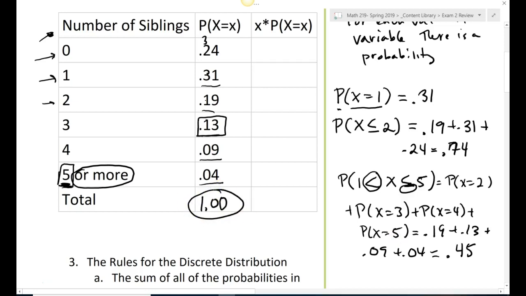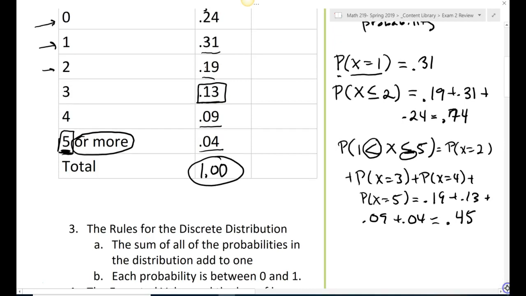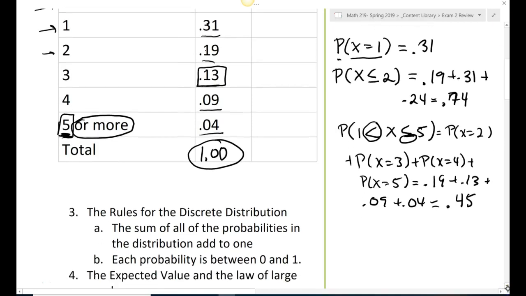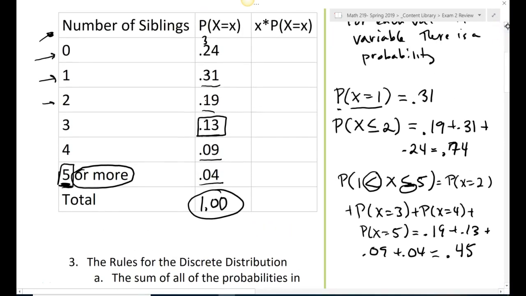So that's the first requirement. And the second requirement we have to check is that each probability is between 0 and 1. All right, well, there it is: 0.24, 0.31, 0.19, 0.13, 0.09, and 0.04. They're all between 0 and 1, so we actually have the requirements for something to be a probability distribution.